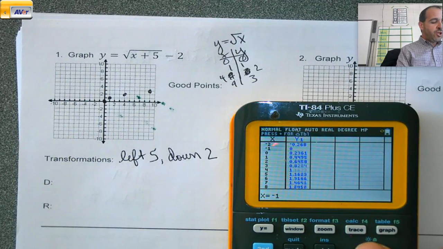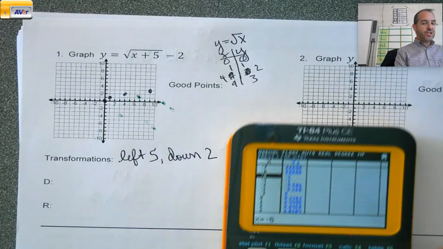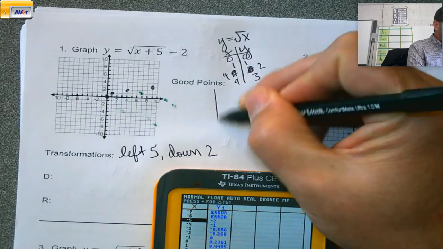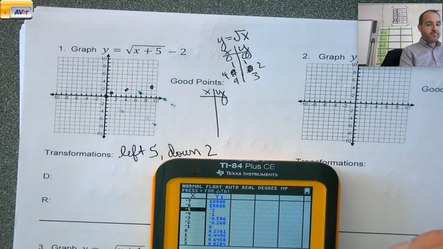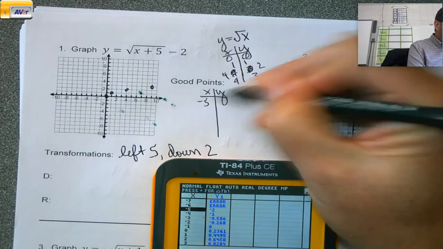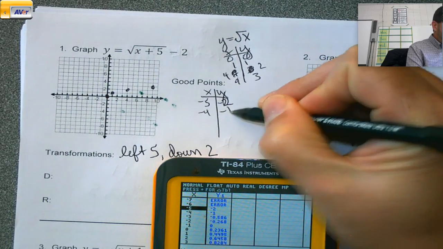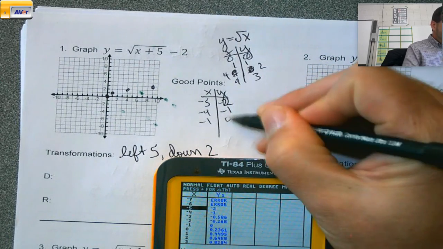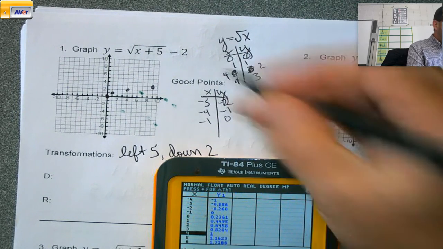So when you pull your chart here, we're still just looking for points that are whole numbers. So -5, -2, -4, -1, -1, 0. Do I have any others coming here? Okay, and 4, 1.